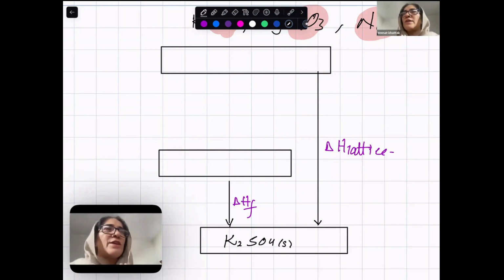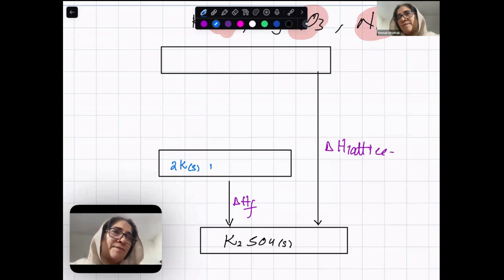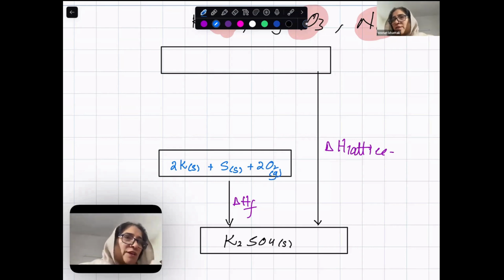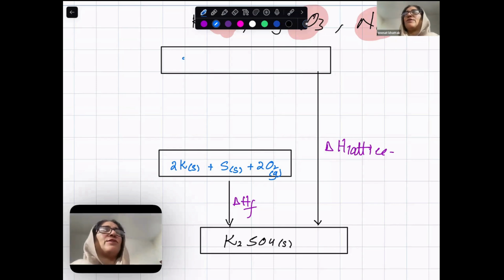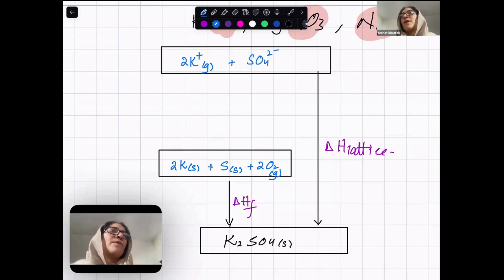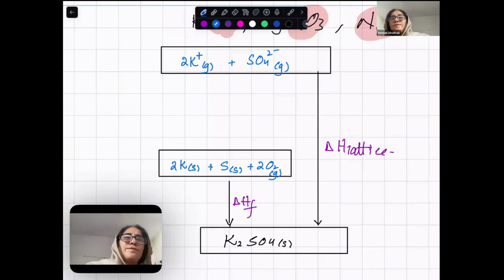Formation is from 2 potassium metal, 1 sulfur and 2 O2. Formation of potassium sulfate, and lattice to 2 potassium ions and 1 sulfate ion, right?